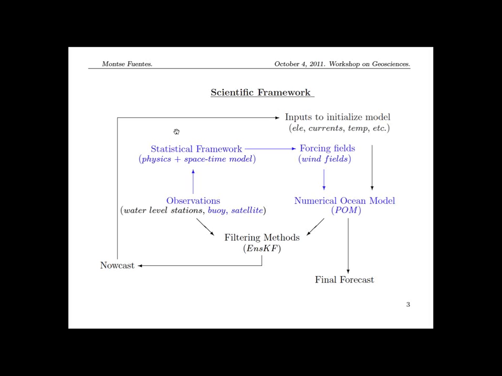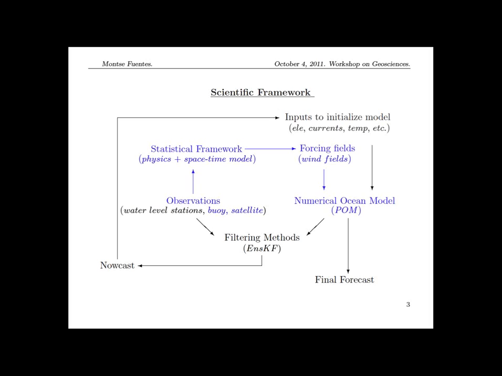the POM model has several inputs: the temperature, sea surface temperature, current, and wind fields. The wind fields are the forcing fields, the really important input here that affects very much the forecast that we do. So this is the type of framework that we have developed to be able to improve the storm surge forecast. There are two aspects of this framework that I want to emphasize.